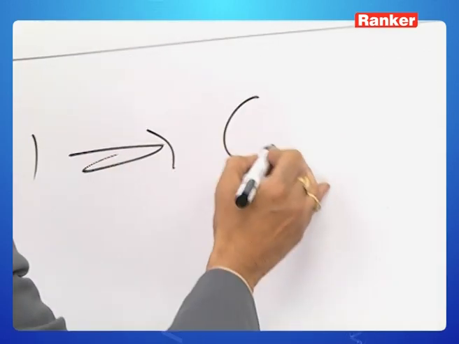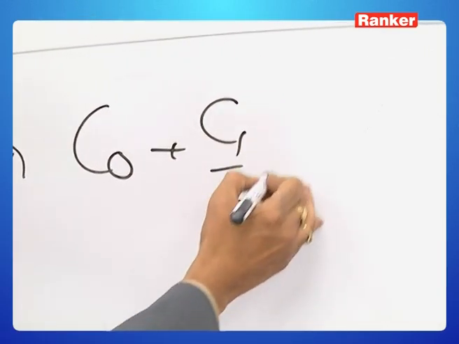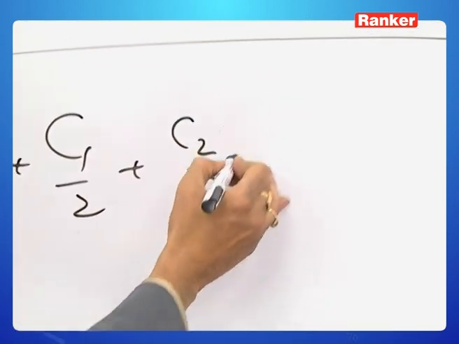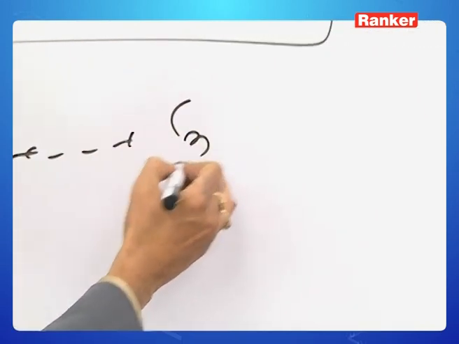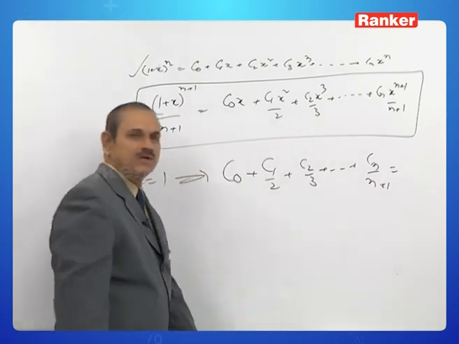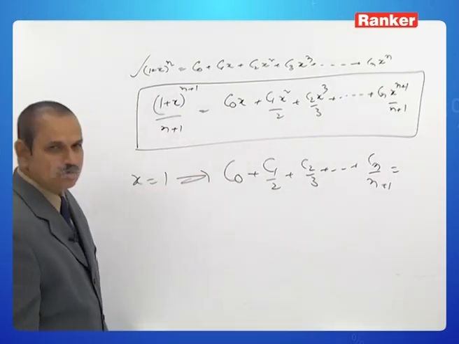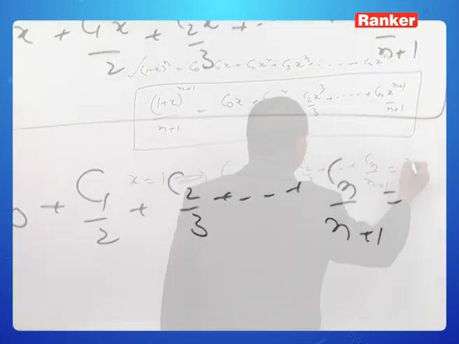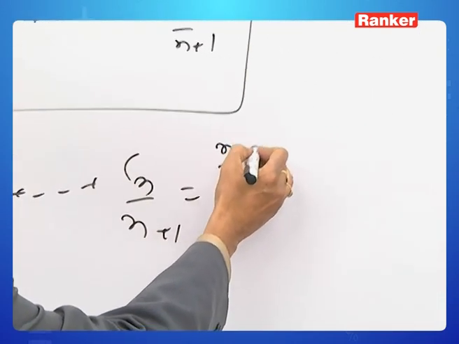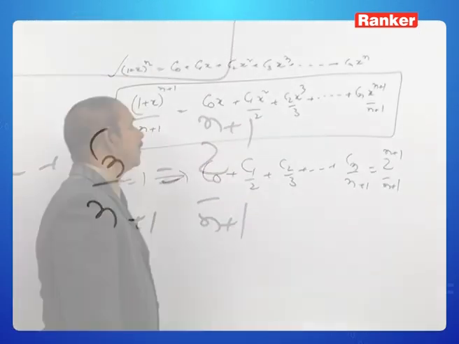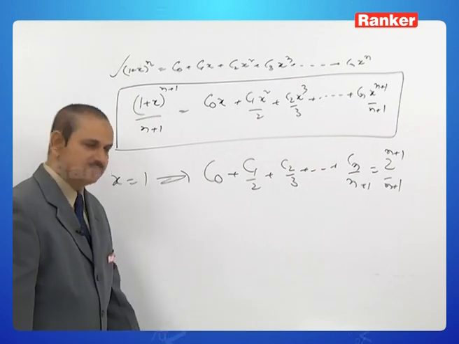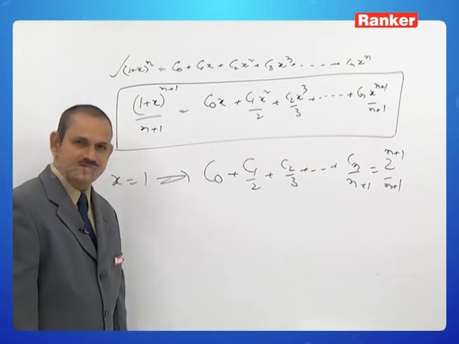C0 plus C1 by 2 plus C2 by 3 plus C3 by 4 and so on, Cn by n plus 1 is equal to, you take x is equal to 1, what do you have? 2 power n plus 1 minus 1 by n plus 1. Another beautiful result.